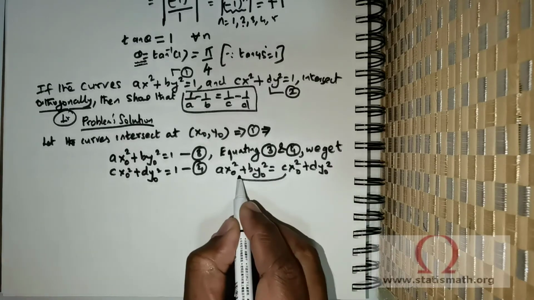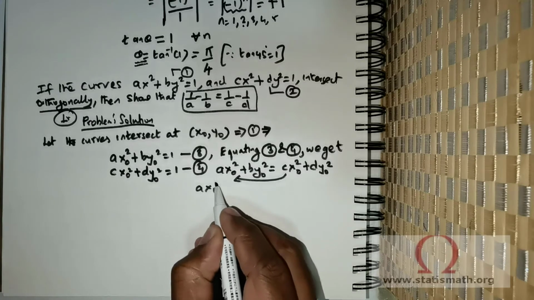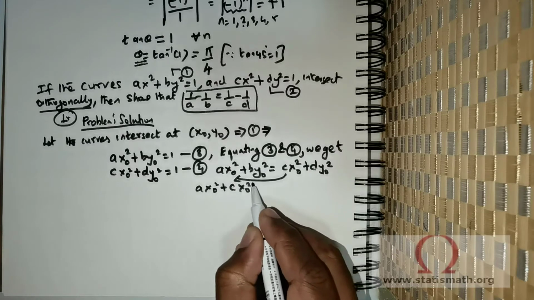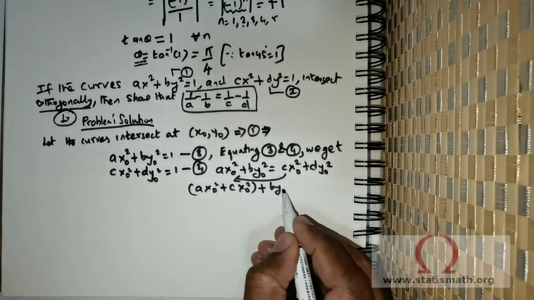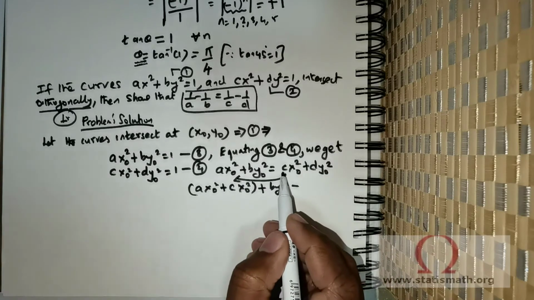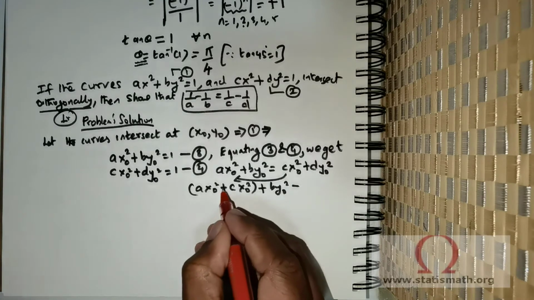I'm going to be moving c x0² to the left. So I have a x0² plus c x0², this is going to be one term, followed by the next term, b y0² minus d y0². One observation is that when positive c x0² crosses over, it has to be negative.